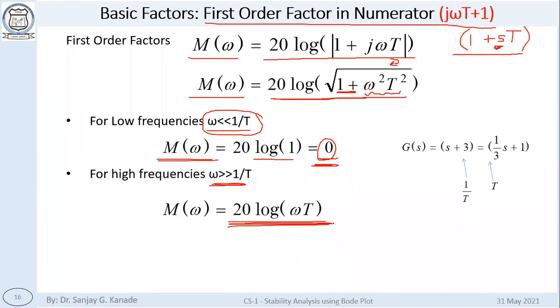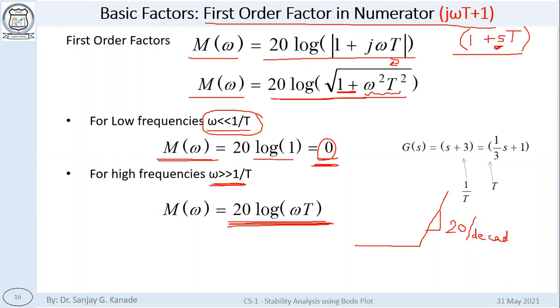Now, can you relate this with the earlier factors we have seen? Imagine the graphs of these two sections: one when omega is less than 1 by T, and another when omega is greater than 1 by T. Magnitude equal to 0 means a horizontal line, and magnitude equal to 20 log of omega T means a straight line with a slope of positive 20 dB per decade.